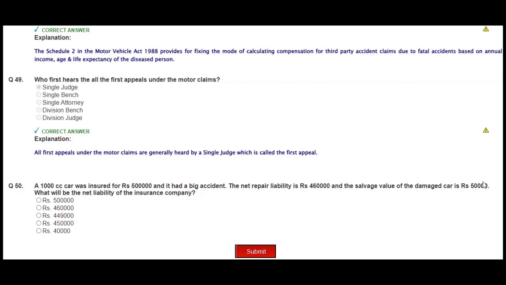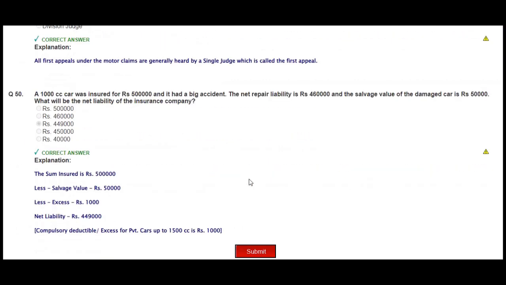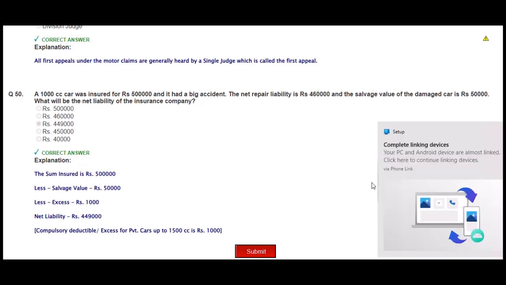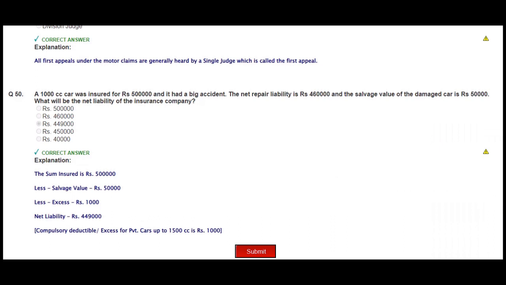So 5 lakhs minus 50,000 minus 1000 rupees. The answer is 4,49,000. We will show a clear explanation. Sum insured is IDV 5 lakhs. Salvage value is 5,000. Policy excess is 1000 rupees. Net liability is what the insurance company will pay. The policy excess of 1000 is because it is below 1500cc.